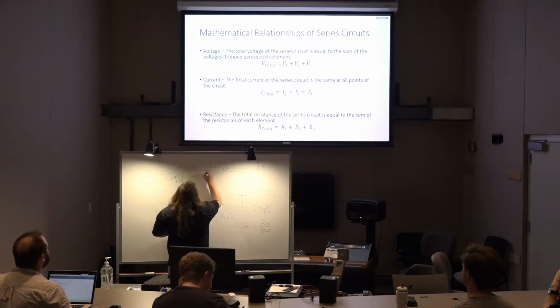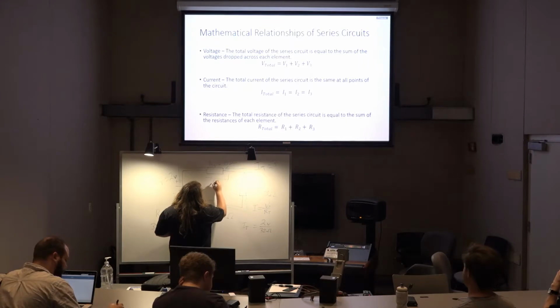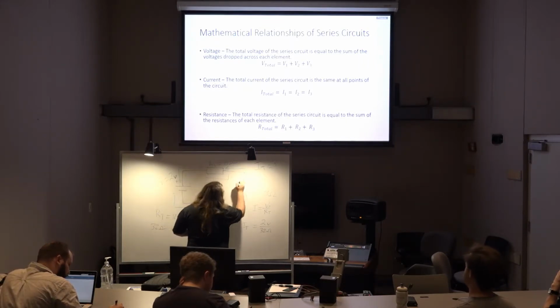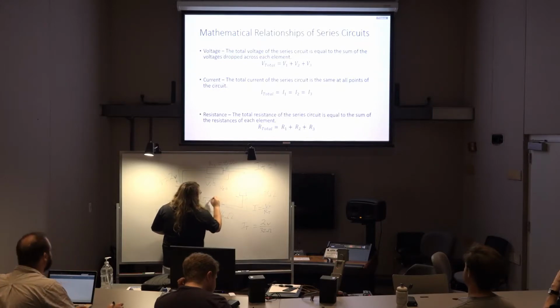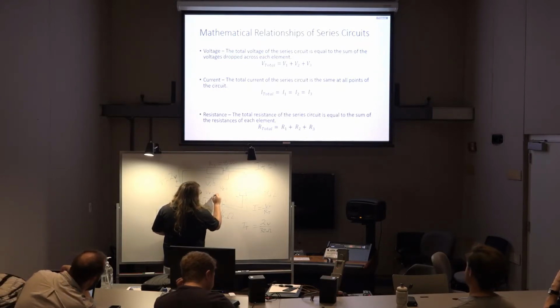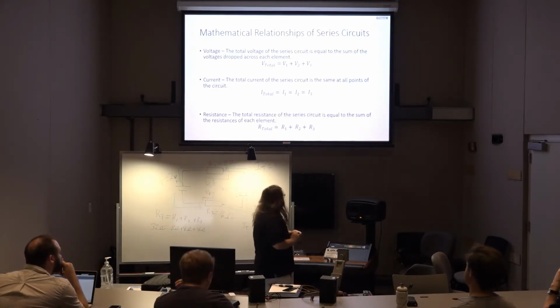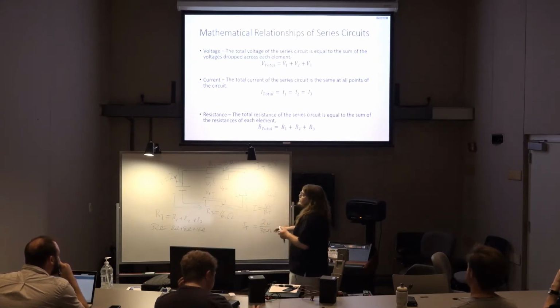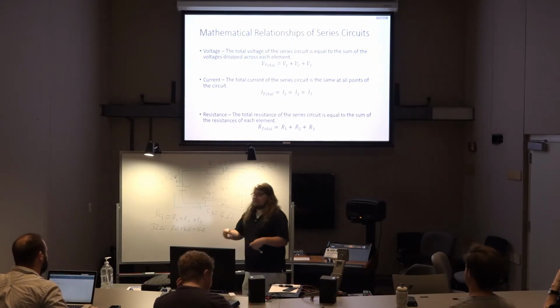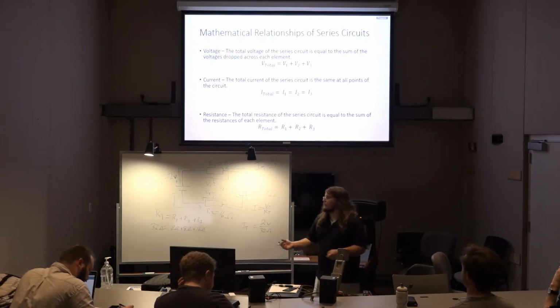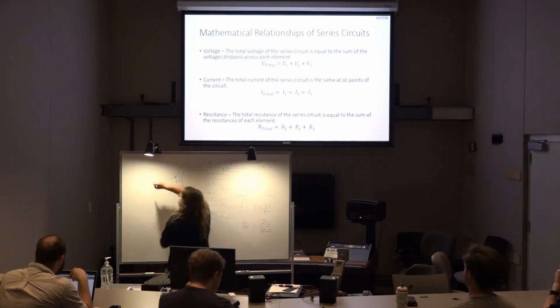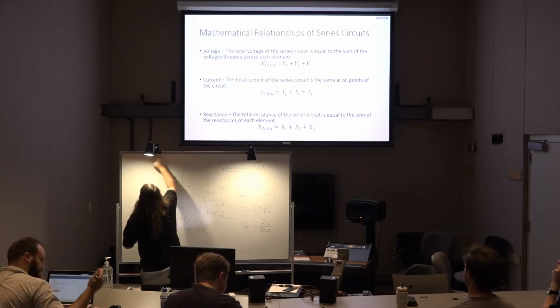The voltage dropped across this is V1, the voltage dropped across this is V2, and similarly V3. Alright, we have Ohm's law to help us, right? Voltage is equal to current times resistance.